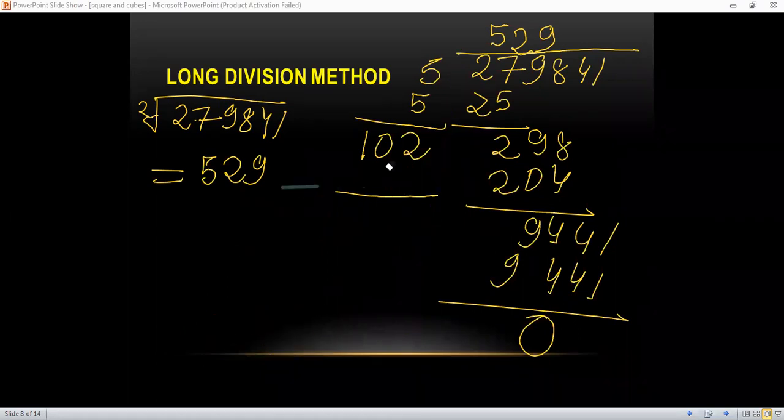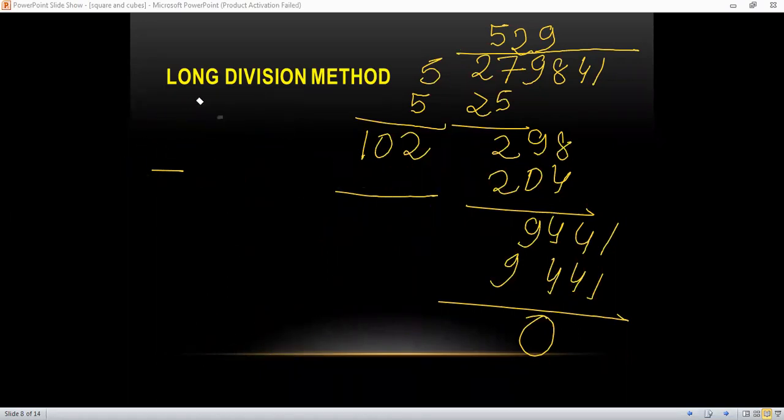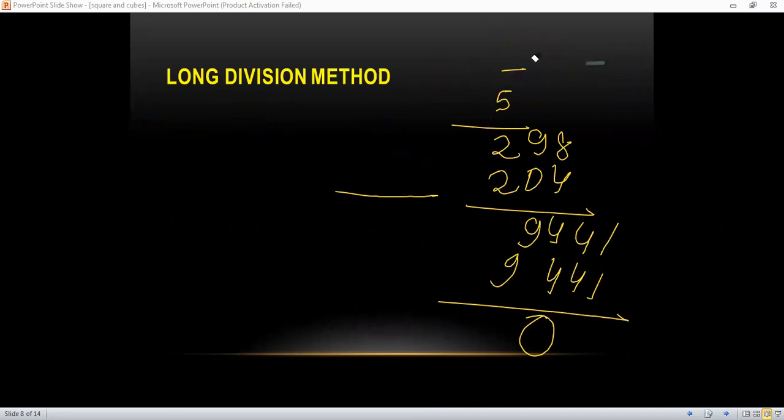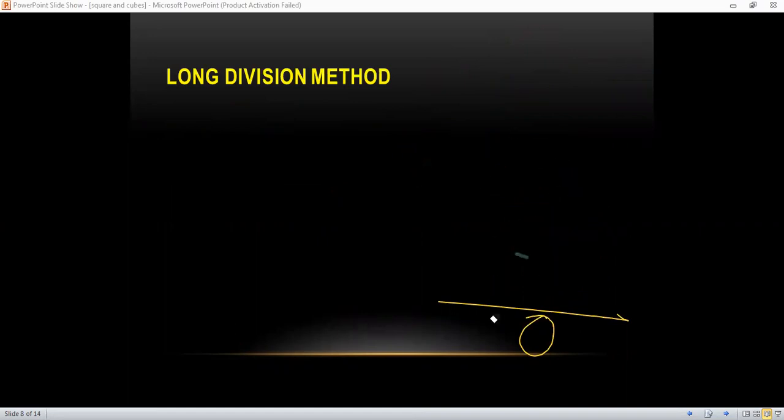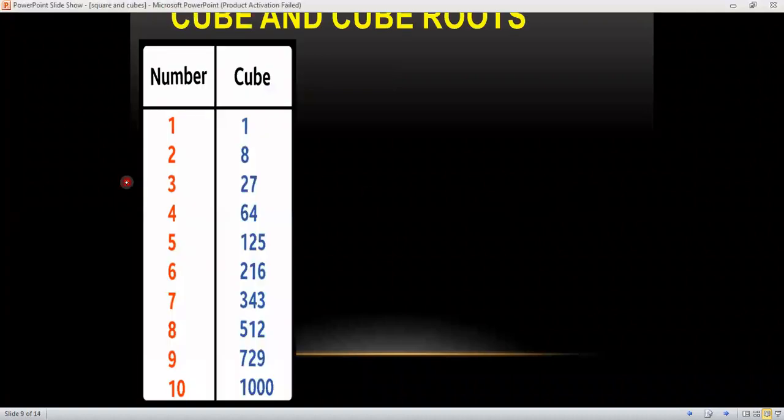Now we are going to discuss how we find cube roots, and if the number is a larger number, how we can find cube roots. You will learn here how to find cube roots of larger numbers.